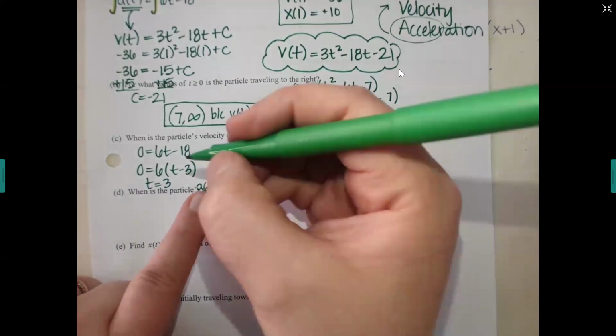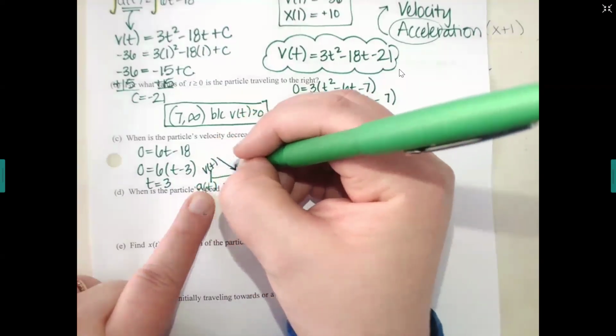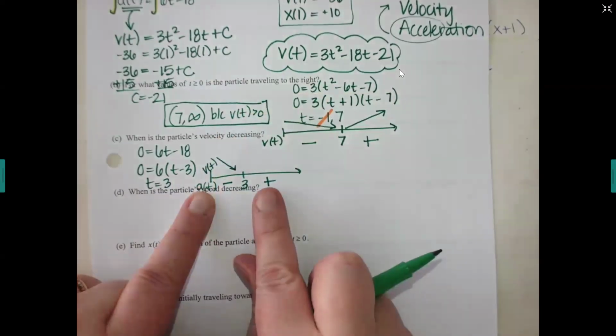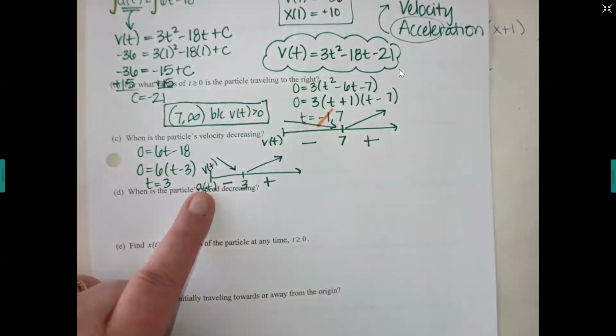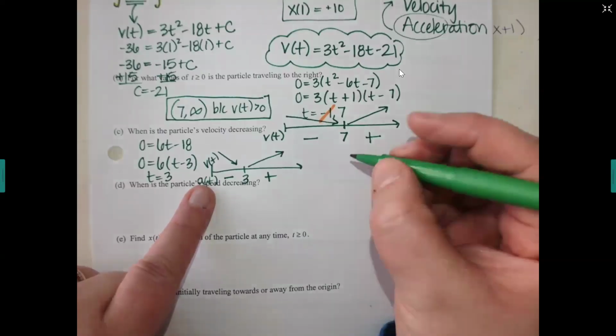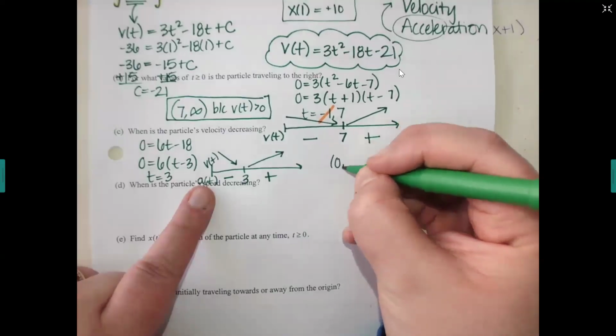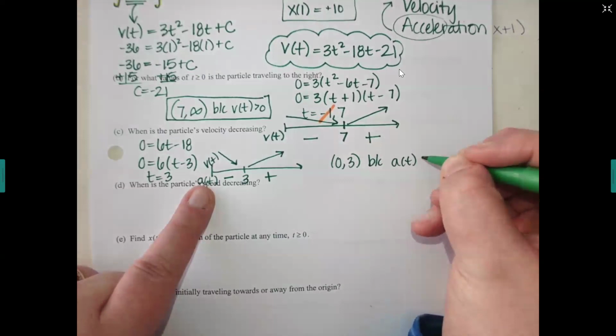If my acceleration is negative, then my velocity would be decreasing. And when my acceleration is positive, my velocity would be increasing. So what interval is my velocity decreasing here? 0 to 3, and then we'll just put because acceleration less than 0.